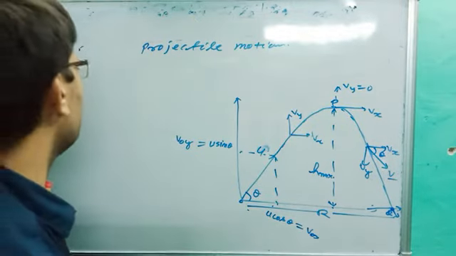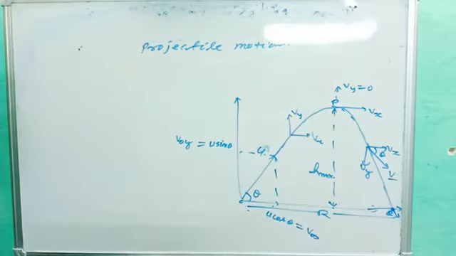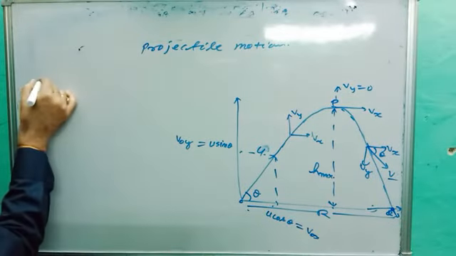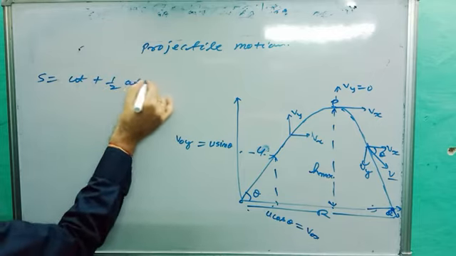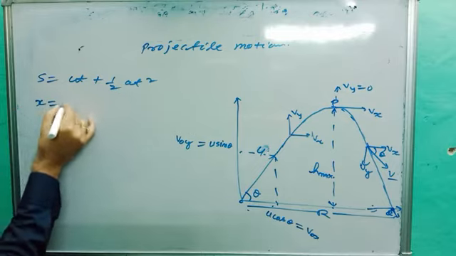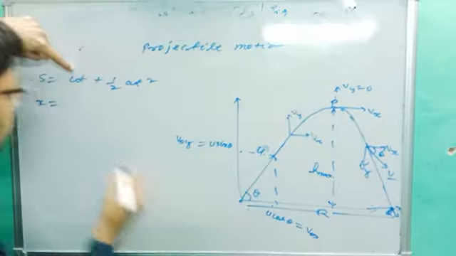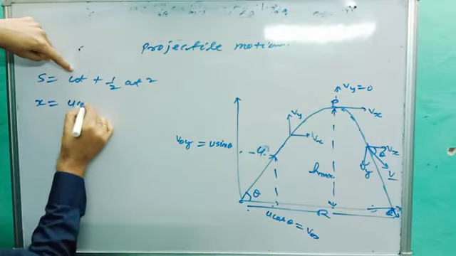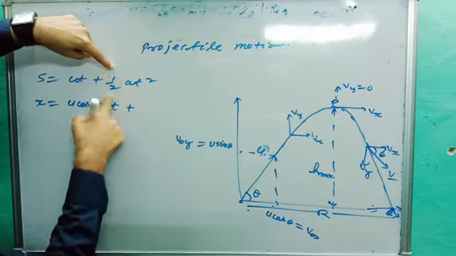First point for you, we have to show that it is parabolic. First divide into two components, the formula is S is equal to ut plus 1 upon 2 at square. In the x component, x is equal to u cos theta into time t plus 1 upon 2 at square.